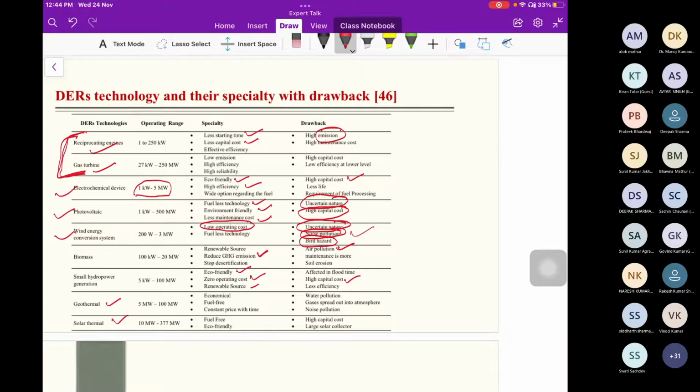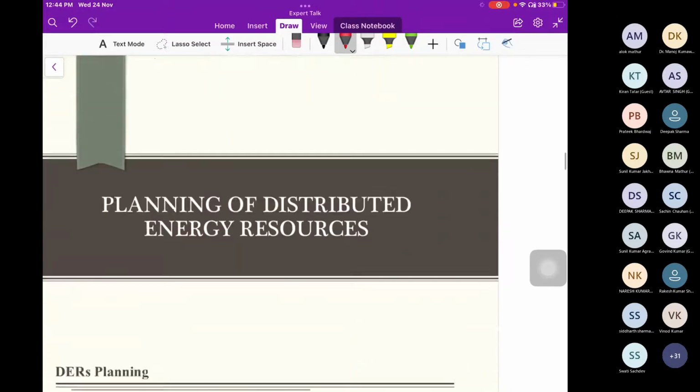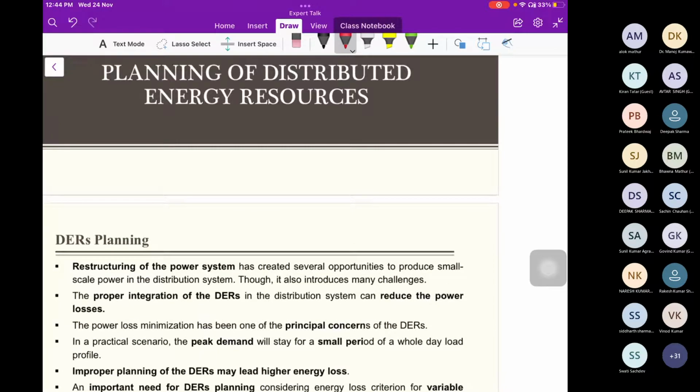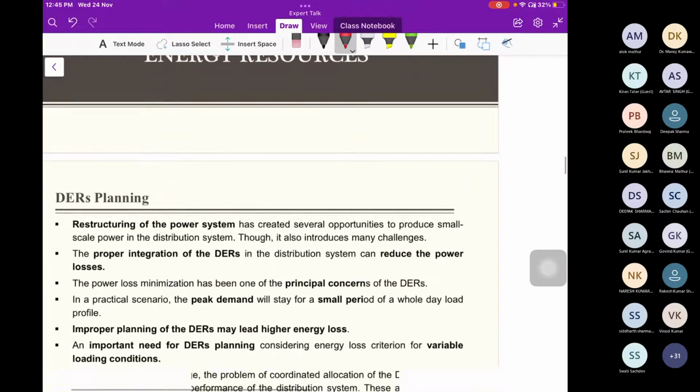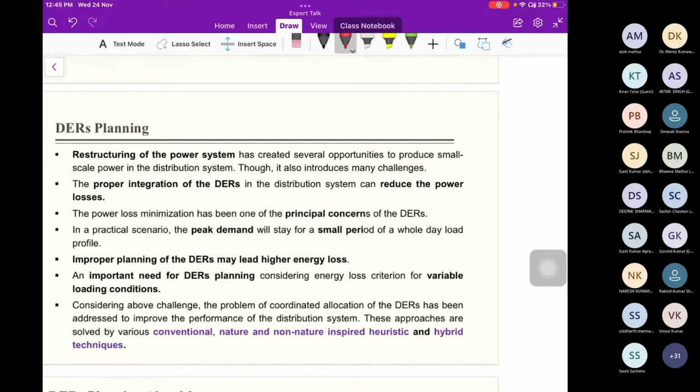Solar thermal can be used for the heating of water and other places. Now we will plan this technology in the distribution systems. After the integration of this technology, the structure of the distribution system is changed, and when the power flow goes from one way to two way, some protecting devices also change.